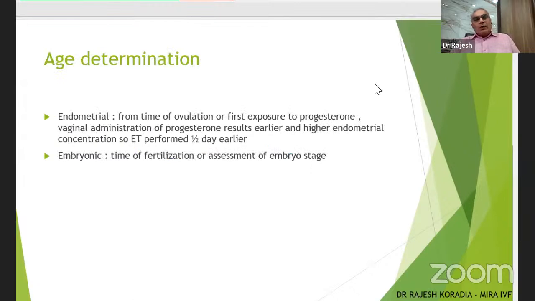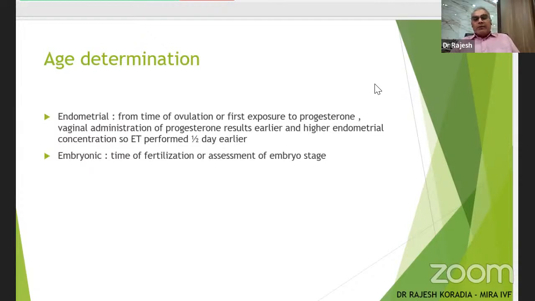Now, how are the endometrial and embryonic age determined? The endometrial age starts from the time of ovulation or first exposure to progesterone. Vaginal administration of progesterone results in earlier and higher endometrial concentration, so ET is performed half a day earlier than in other cases.